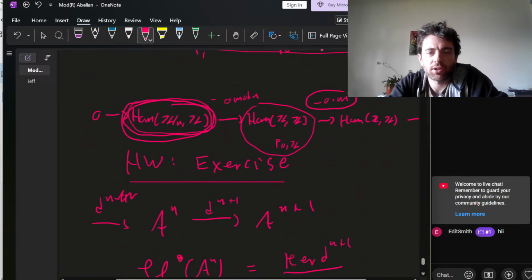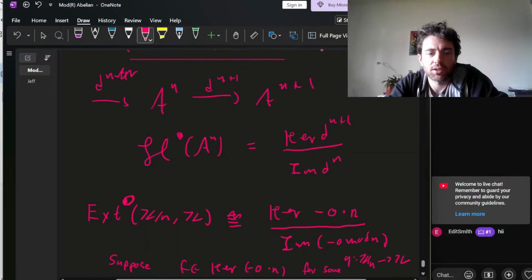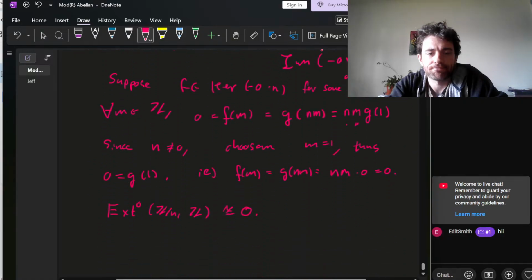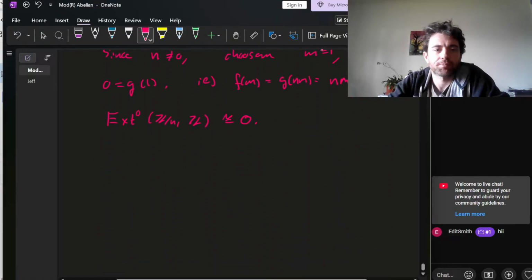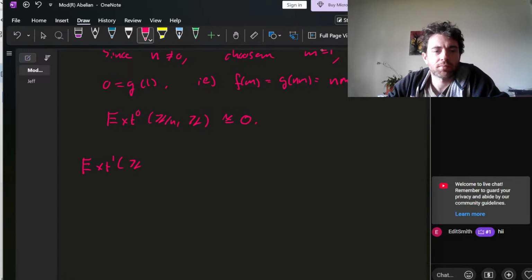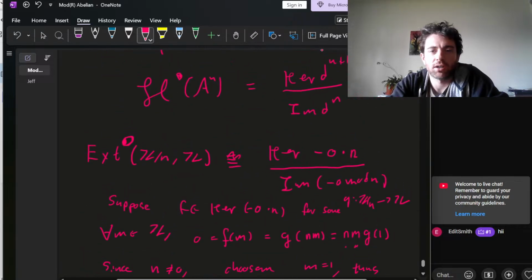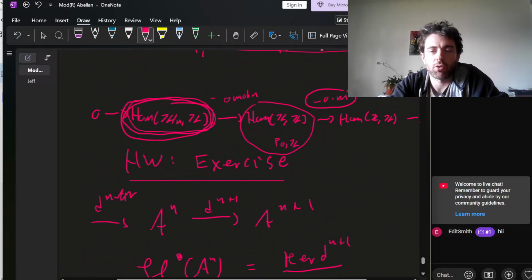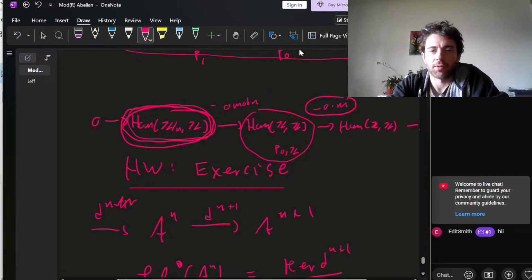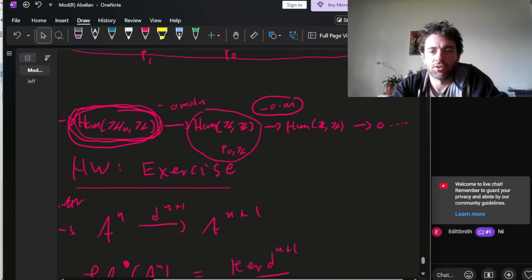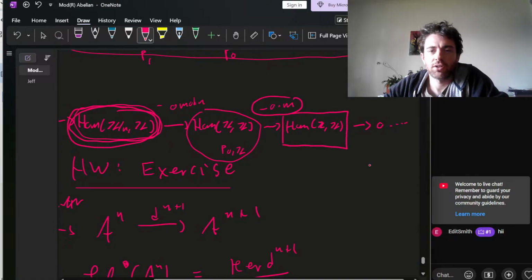What about X^1? So now we want to compute X^1. We know all the higher X are going to be trivial, but this is going to be going back up. This will be the cohomology at this term, right?